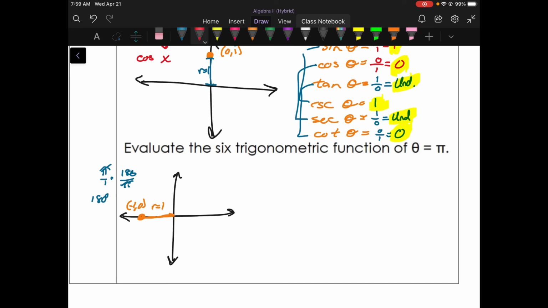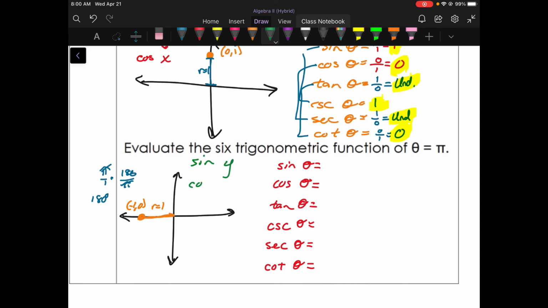So again, let's evaluate 6 trig functions. So sine, cosine, tangent, cosecant, secant, and cotangent. All right, take a second to write that out. So again, we got sine y, cosine x, just to help me relate the coordinate points to the trig function.